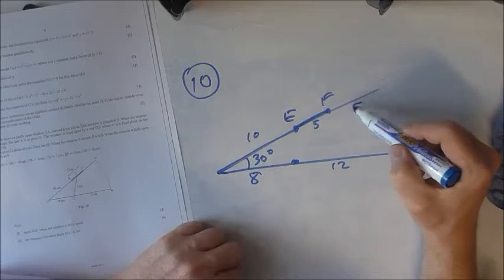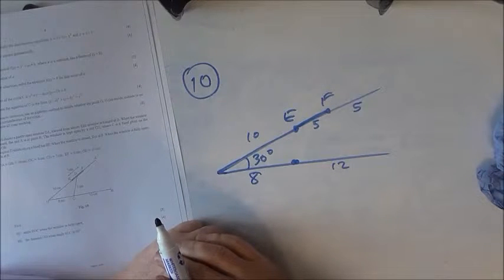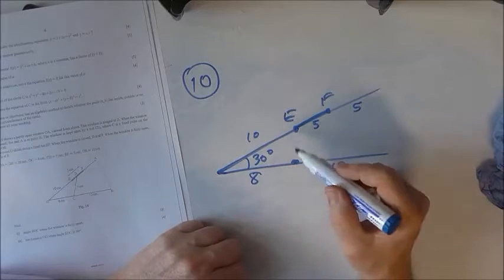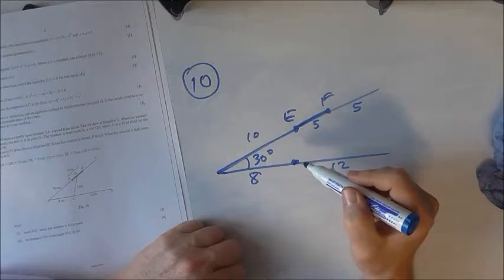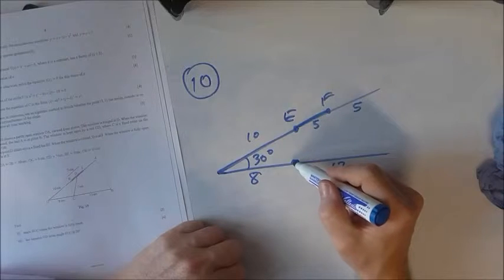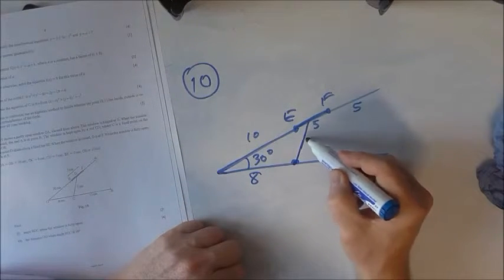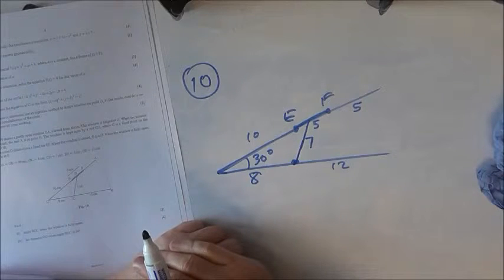That's got to be 5 as well. So OD. So I don't know where along there that rests, but I do know that it's a length of 7, that's fixed.